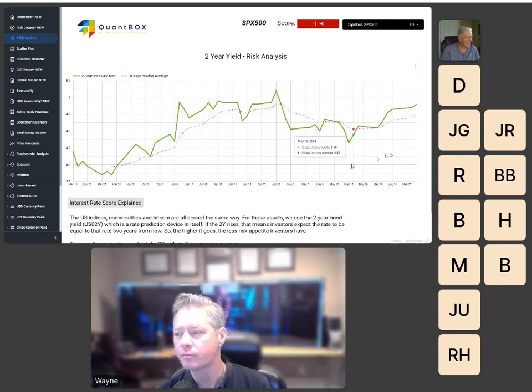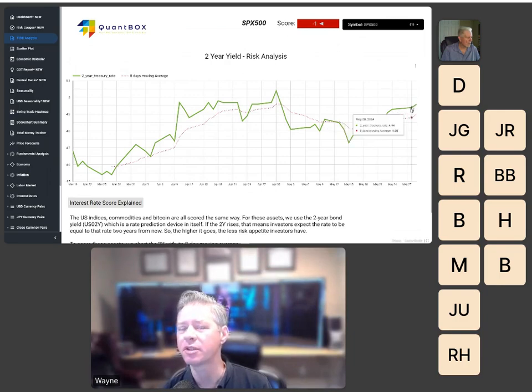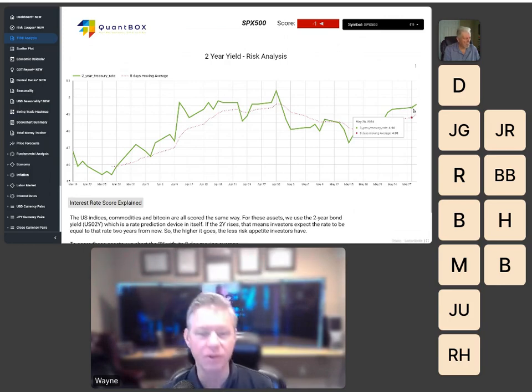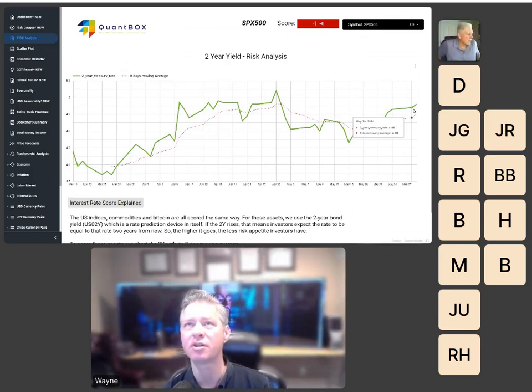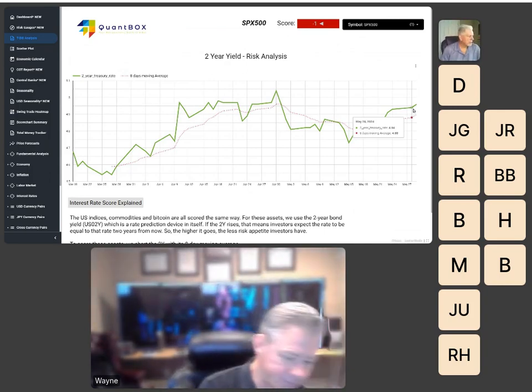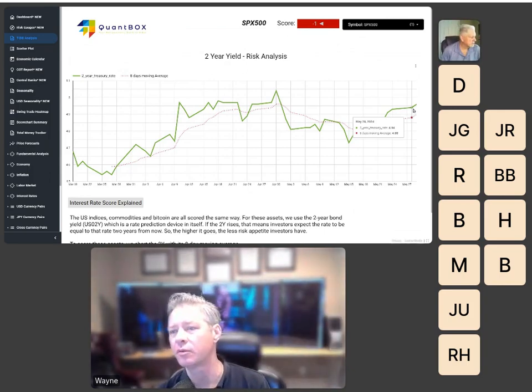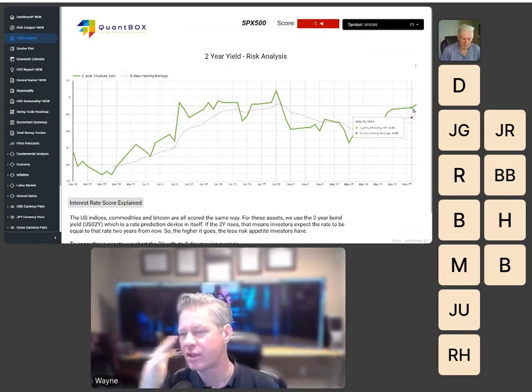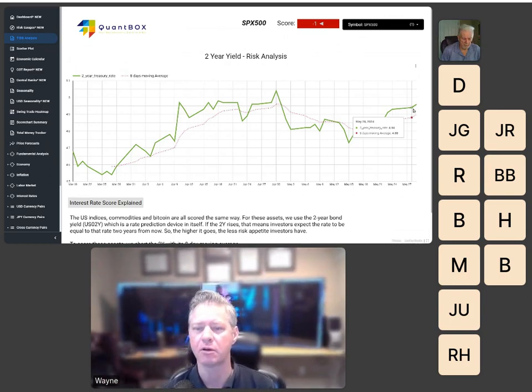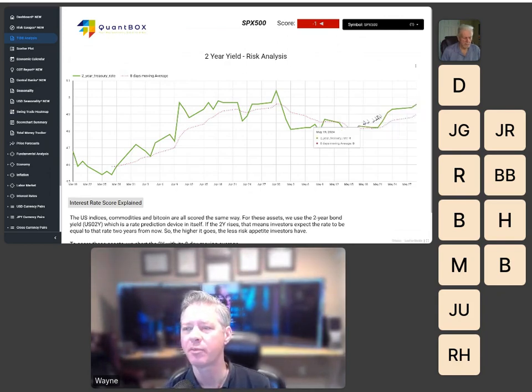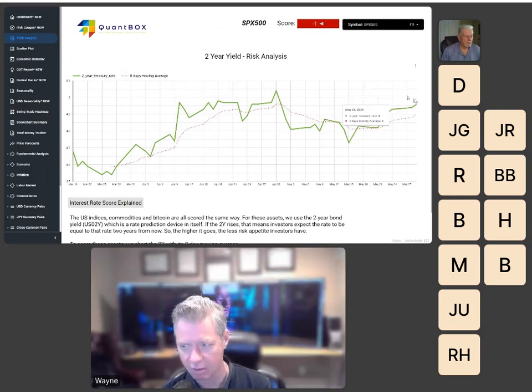So when I look at this, it's a much quicker synopsis than looking at the Fed funds rate, at what percentage of the market thinks we'll have a certain interest rate in the future. This is happening right now, not what might happen in 3 or 4 or 5 months. This is happening in a very deep, very liquid market. This is a massive indicator, and it's very sensitive. This updates every day.